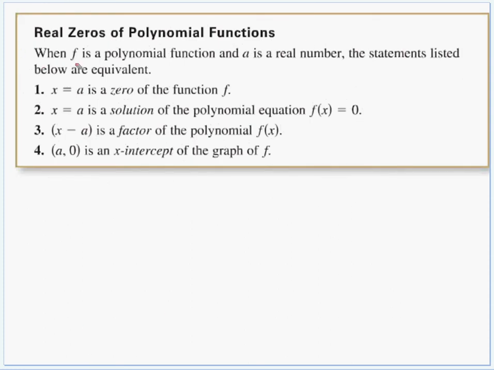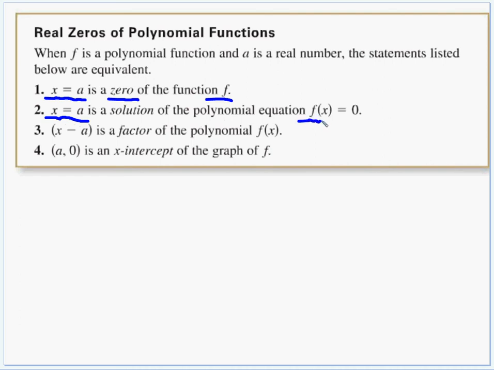Now here it says when f is a polynomial function and a is some real number, these statements below all mean exactly the same thing. So the first two are pretty close. If I write x equals a, that is a zero of the function f. And I could also write that same thing, x equals a, is a solution to the polynomial equation.